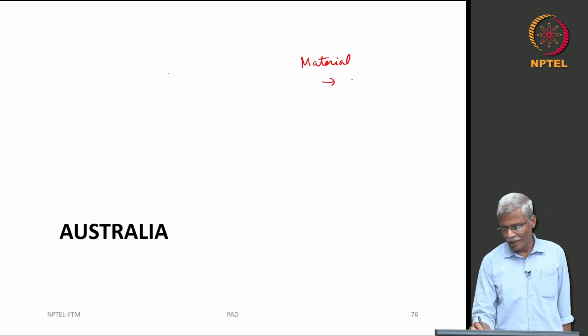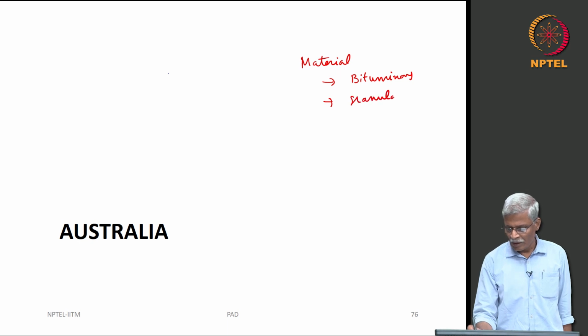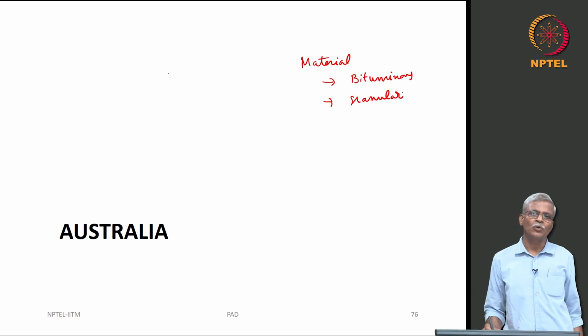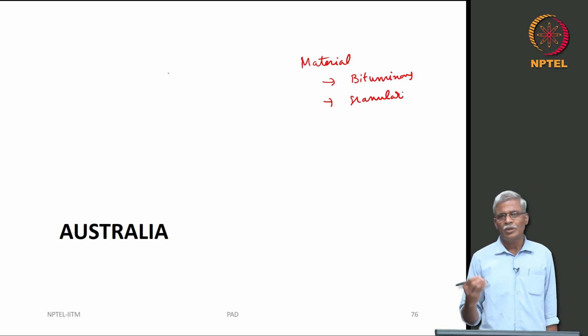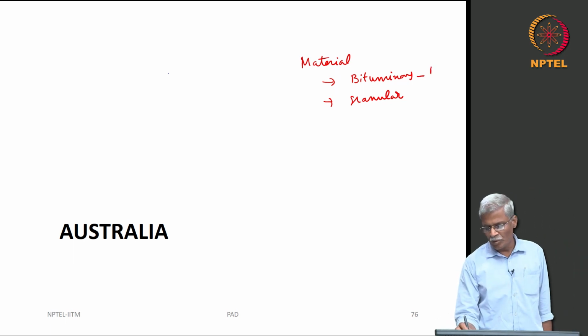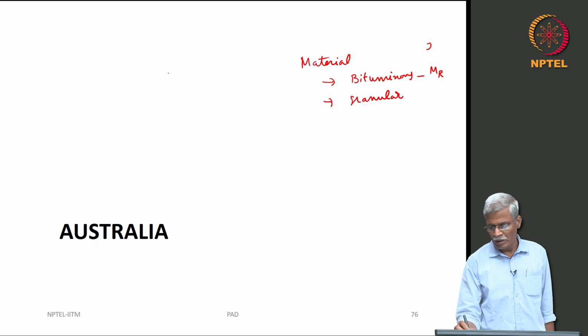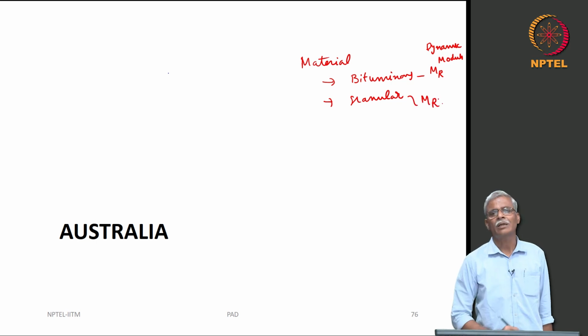The material characterization will be different for bituminous mixtures, it will be different for granular material. So, you will be talking in terms of some moduli. So, it could be resilient modulus, dynamic modulus, etc. Same thing here for granular material.